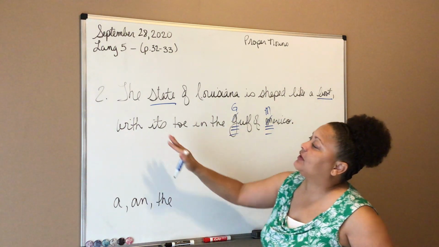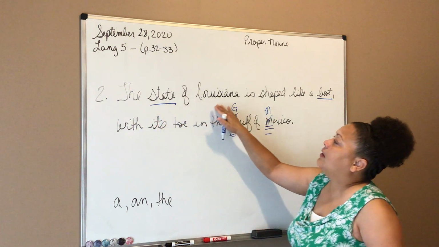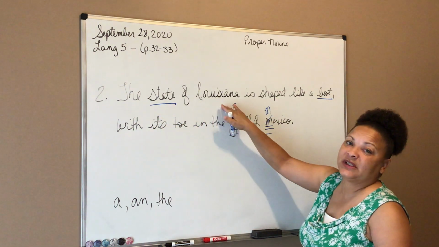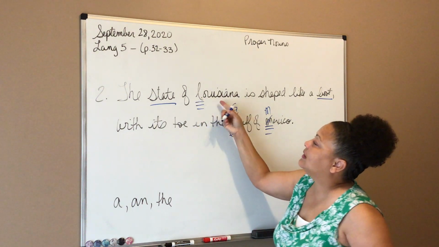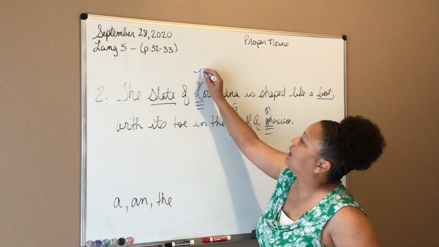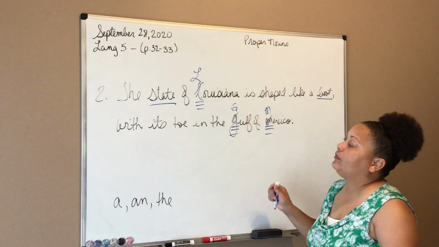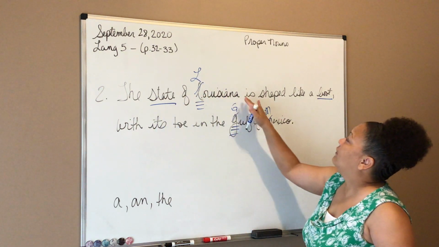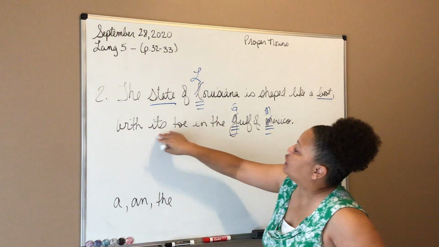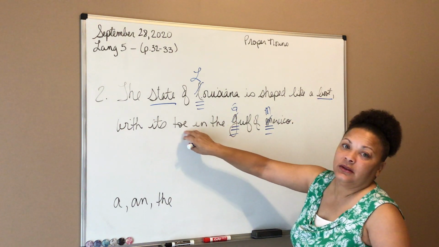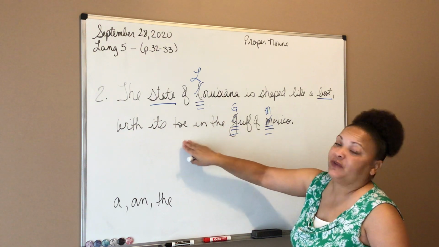So go back through your sentence. The state of, well, wait, there's a specific state, right? State of Louisiana. Louisiana is a specific state, so you would capitalize, right? So the state of Louisiana is shaped like a boot with its what? Toe. Is there a specific toe?